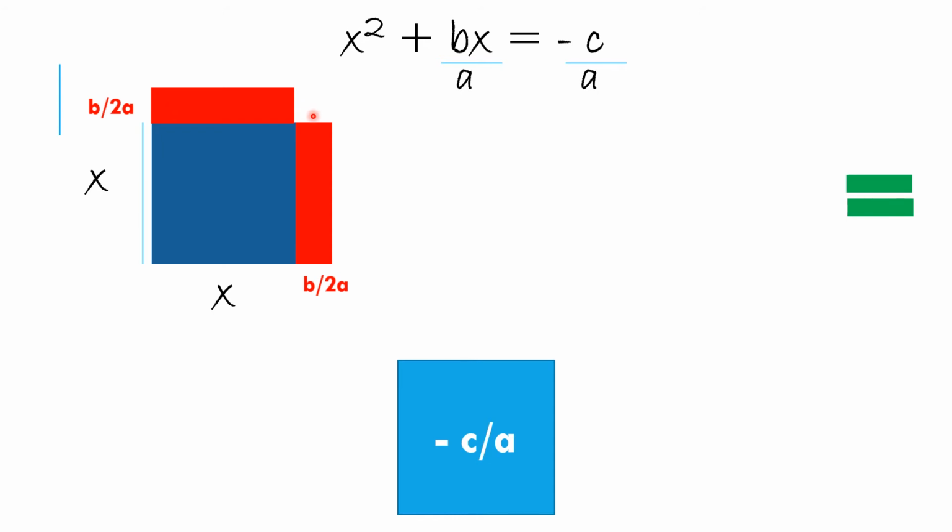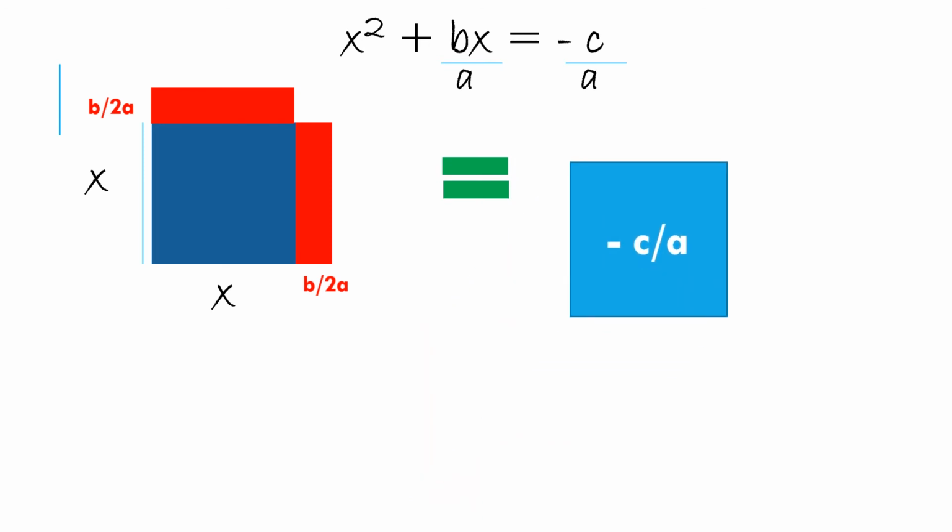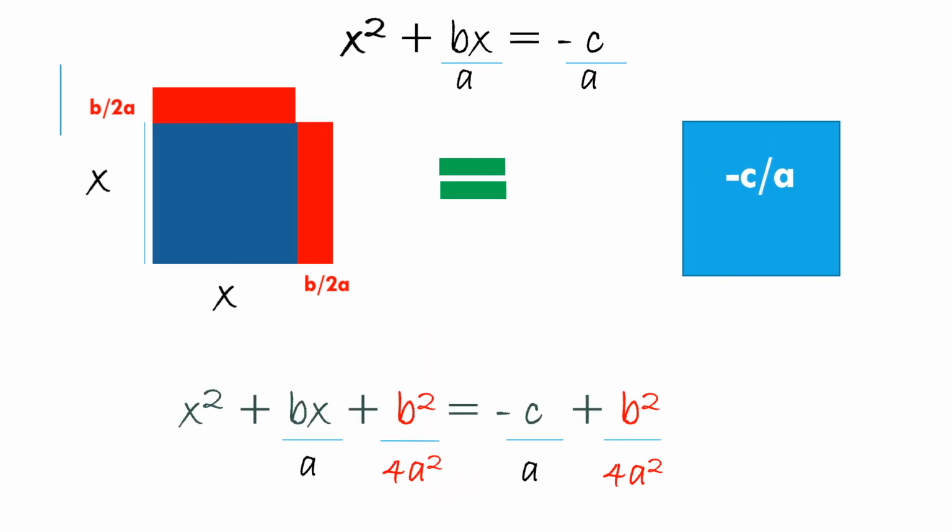In order to add this square over here, I have to add it on both LHS and RHS. So I am going to add the area of b upon 2a whole square on both the sides. Here you are able to observe this b upon 2a whole square, which is nothing but b square upon 4a square, added on both the sides.